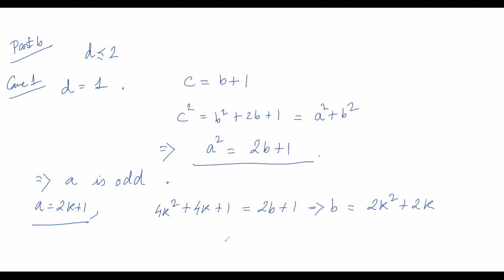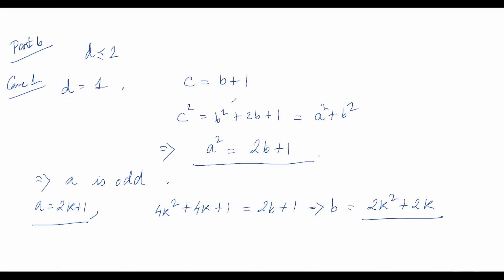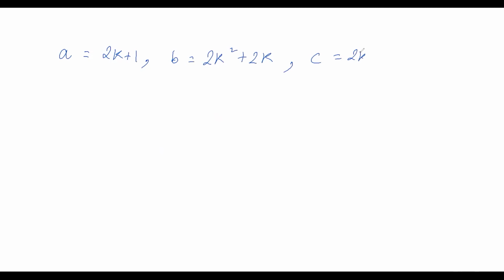And now again we have a equals 2k plus 1 and b equals 2k squared plus 2k. And then what about c? So c is b plus 1, and so we have 2k squared plus 2k plus 1.